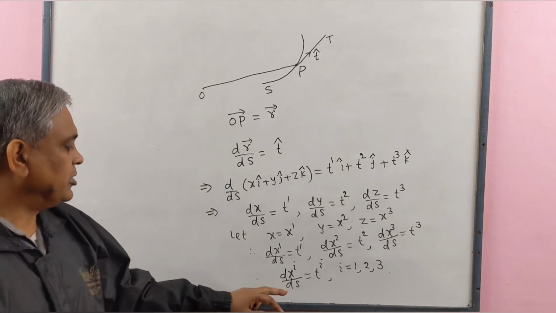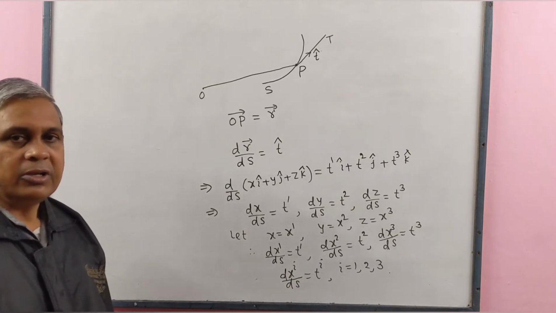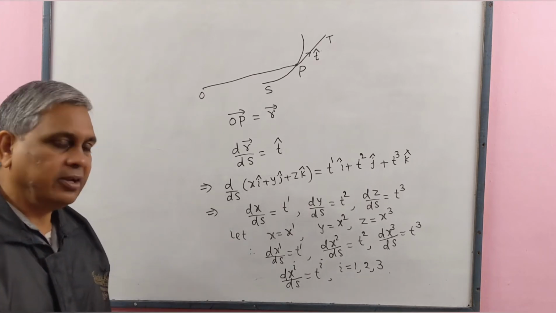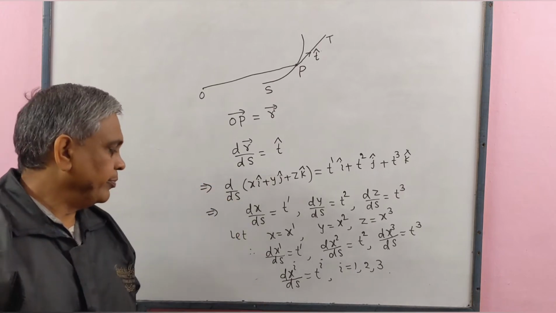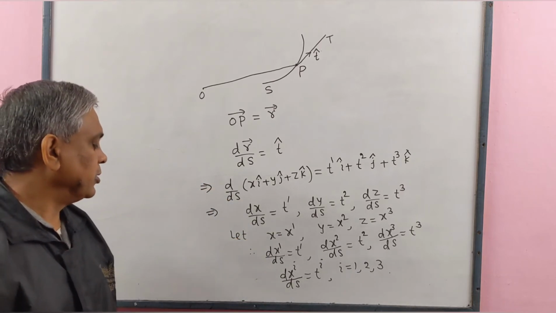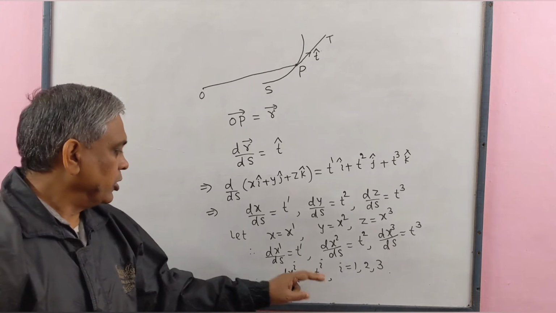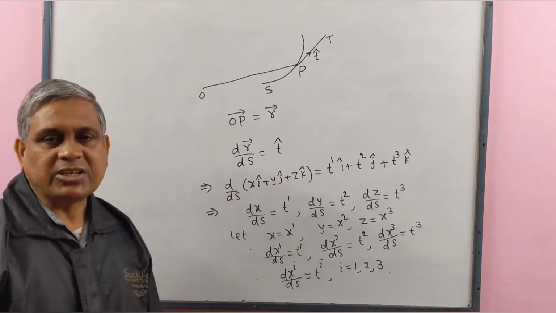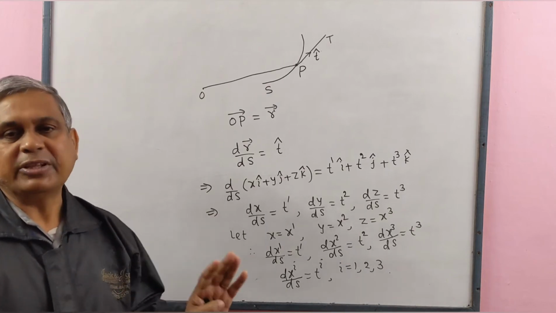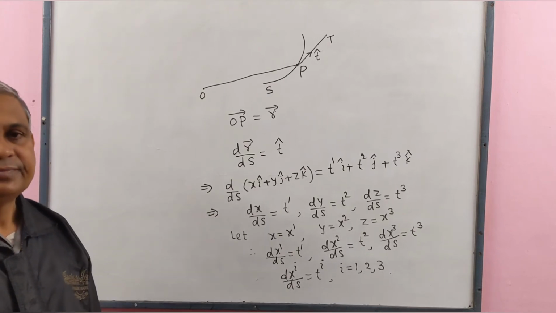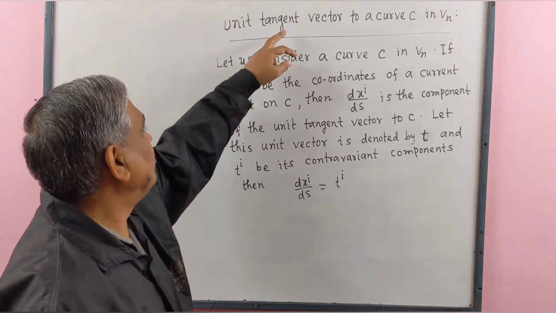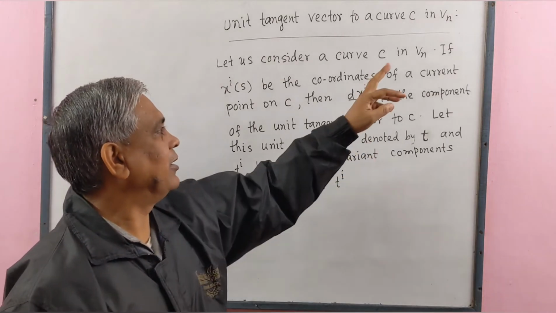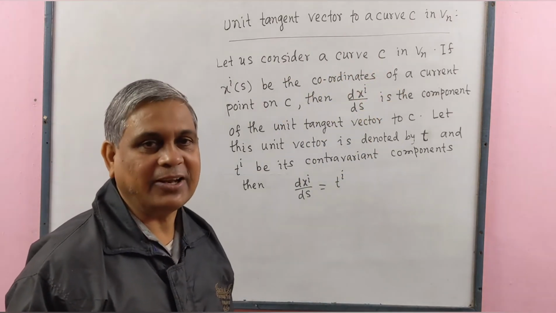On the basis of this concept, now we will define the component of unit tangent vector to the curve C in n-dimensional space.